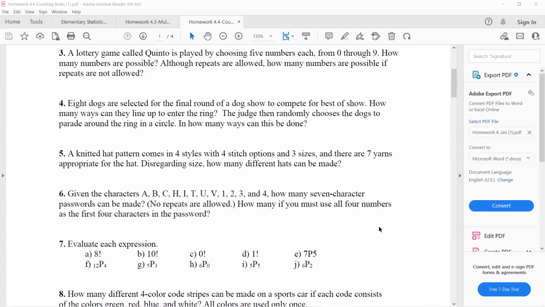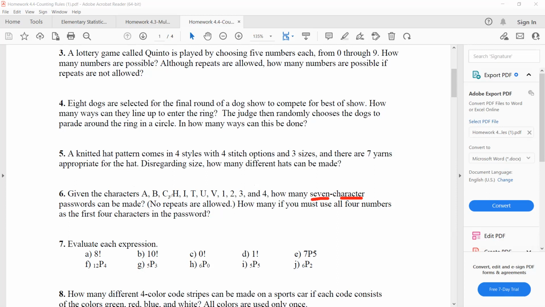Now number 6, what's the trick with number 6? Let's see. It says, given the characters A, B, C, H, I, T, U, V, 1, 2, 3, and 4, how many 7-letter passwords can be made? Okay, so this is the first question. We have 7 character passwords, so that means we can use anything on here.